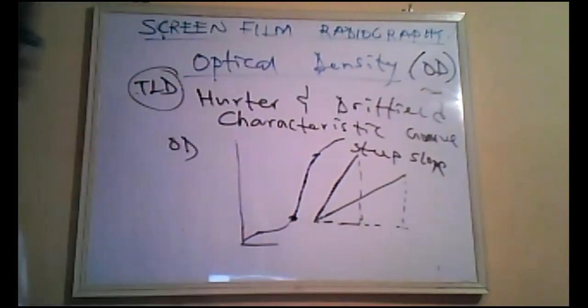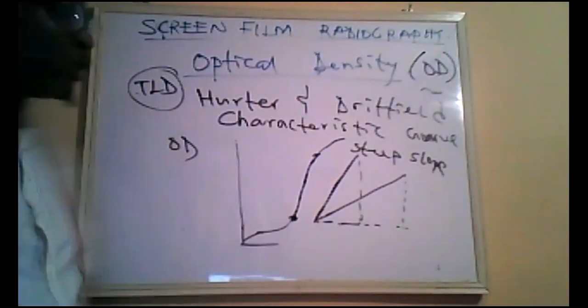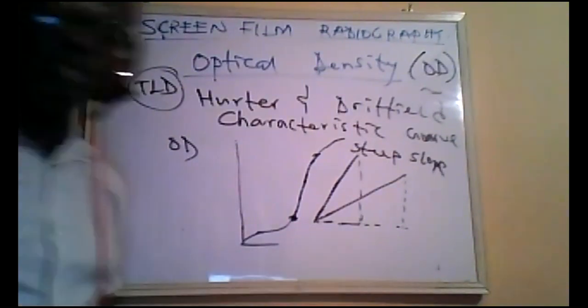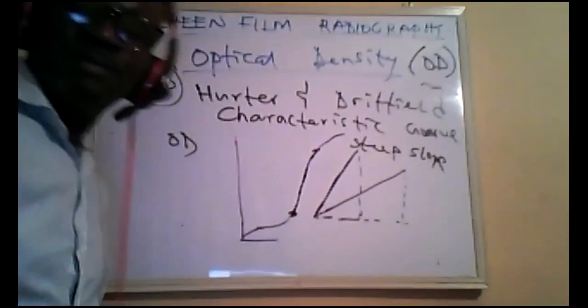So the slope, or the gradient of the OD curve, gives us a measure of the contrast of a particular film.